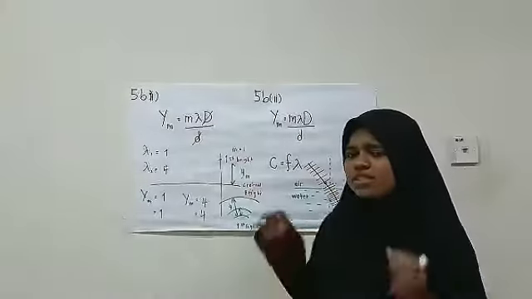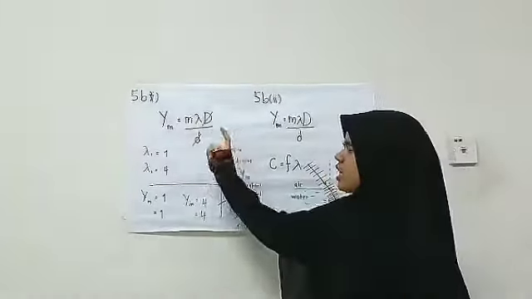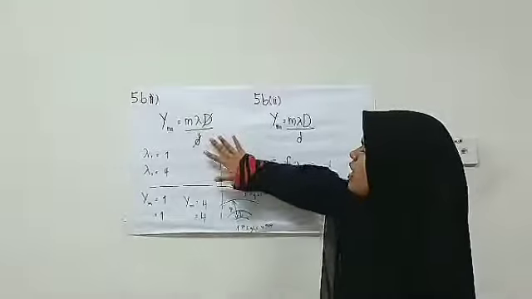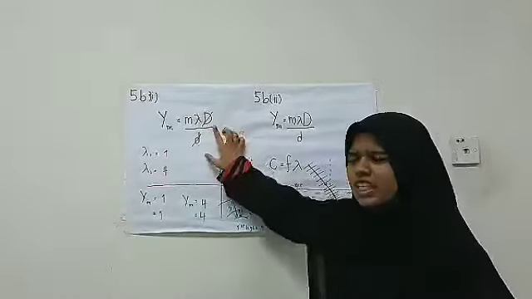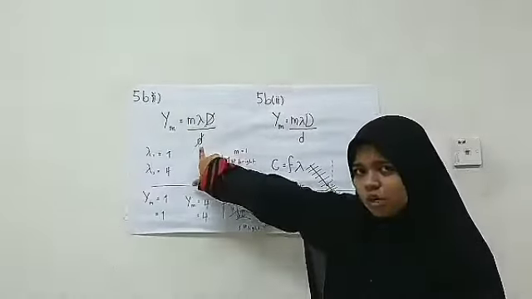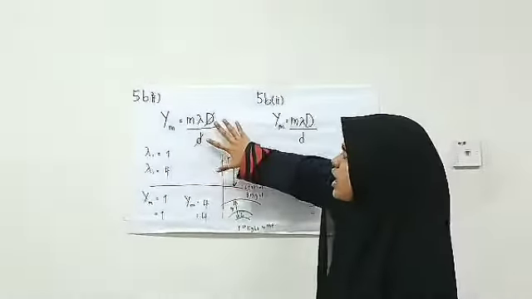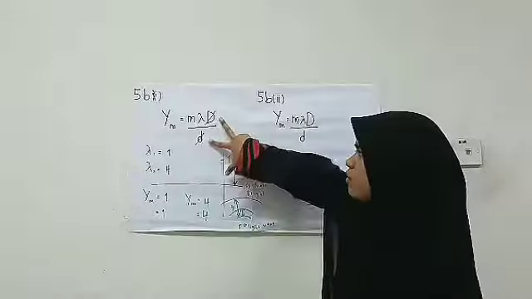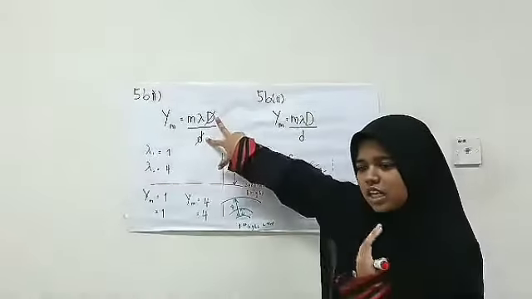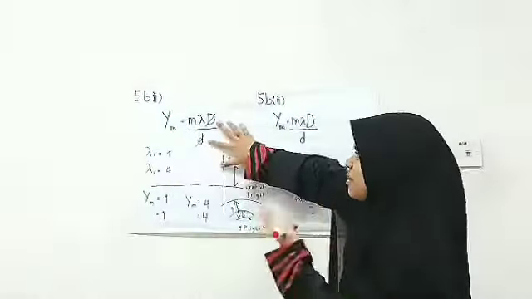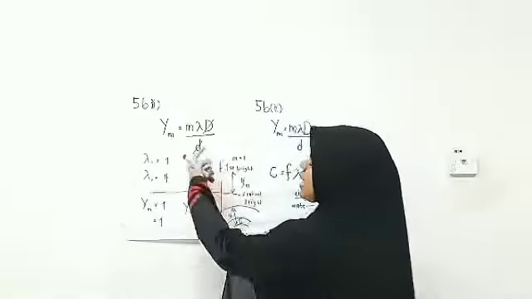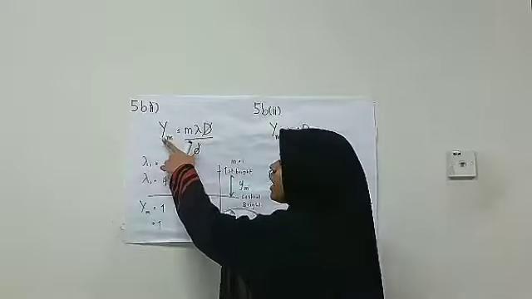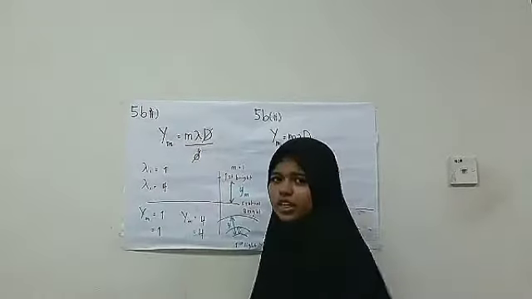To answer this question, we need this equation, and we cancel out capital D and small d, because we assume that both are constant. We just have to consider lambda, the Ym value, and the m value.